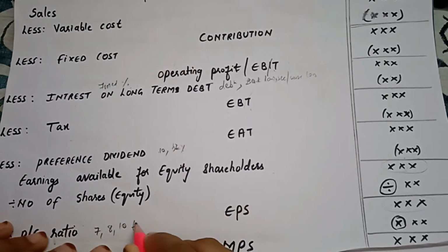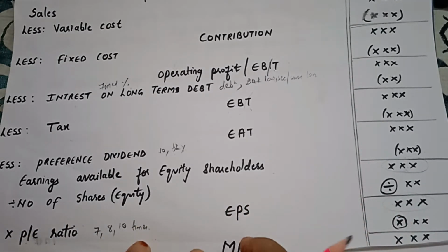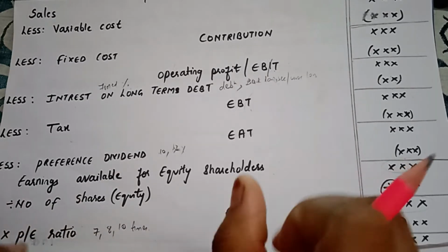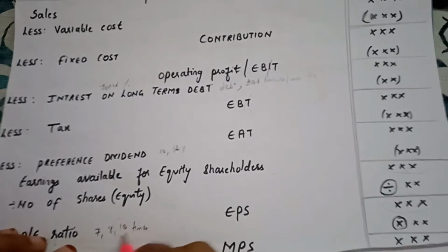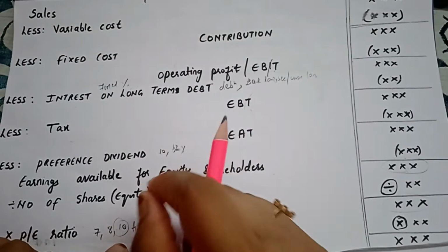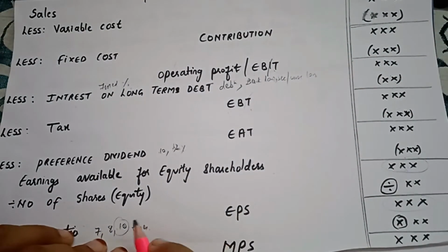So it will be in times. Okay, so what will happen if you want to know the market price of your share? Then you need to multiply the PE ratio with your EPS. This is my position in the market. If I'm putting in 1 rupee, I'm earning 10 times. Okay, so actually it works that way.